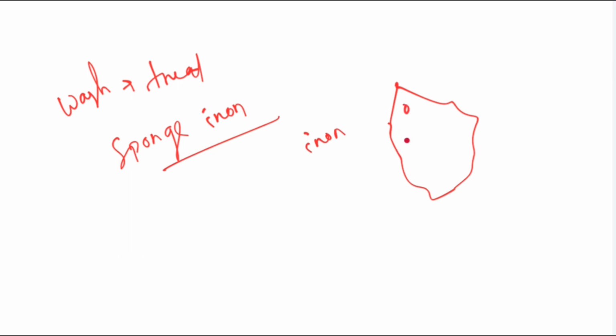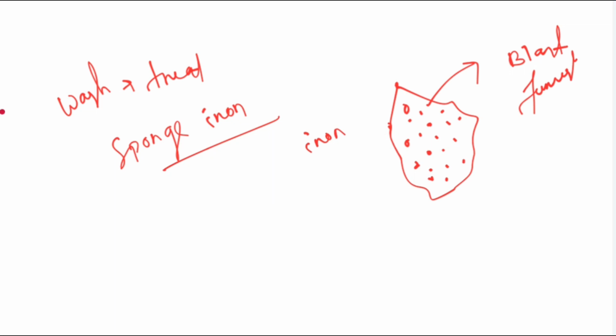The volatile materials, the silicates, the carbonates inside the ore, they are removed from those particular chips. Okay, that looks like a sponge. That's why it is called sponge iron. This sponge is fed into the blast furnace.